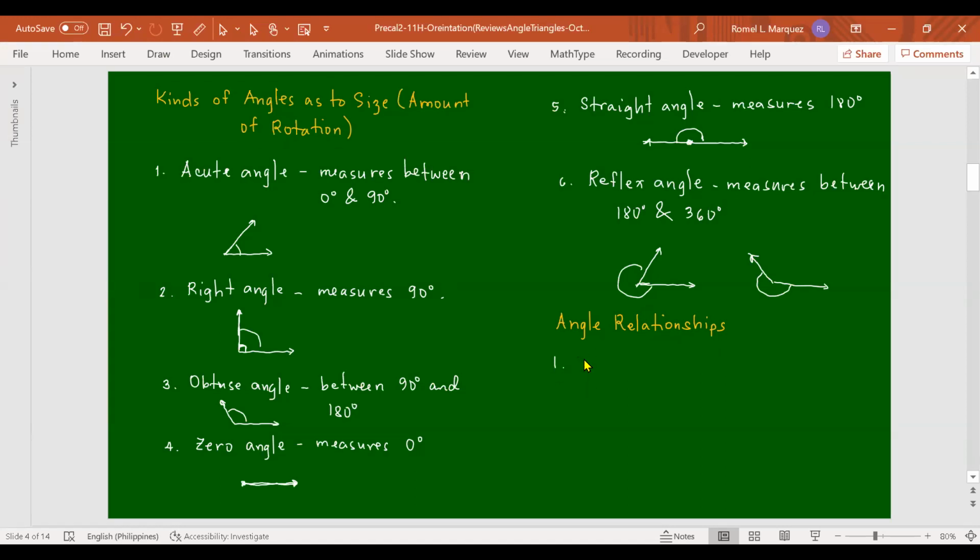We have complementary. What are complementary angles? Two angles adding up to 90 degrees po. Angles whose sum is 90 degrees.